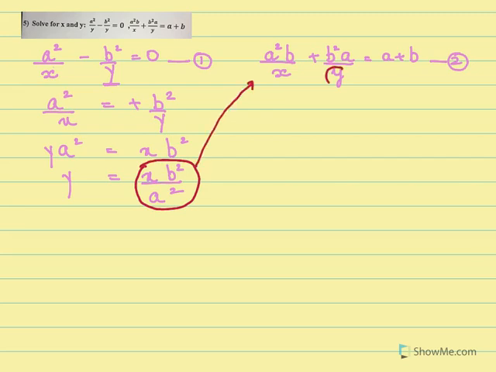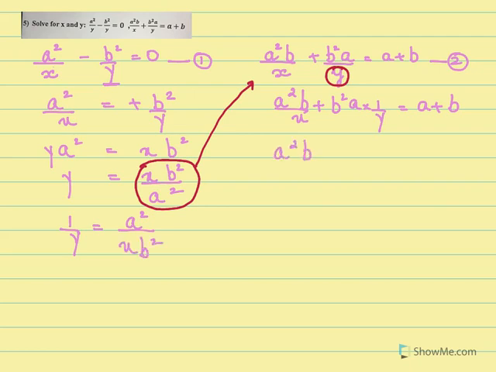So wherever there is y, I'm going to substitute this value. However, see here, if you do use, here we have b square over x plus b square a into 1 by y equal to a plus b. So if y is this, 1 by y will be a square over x b square.